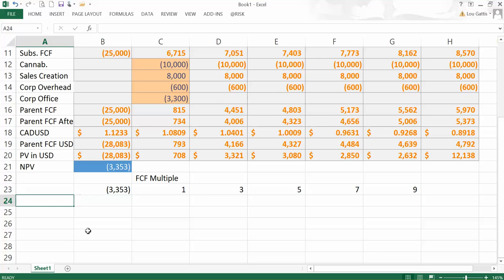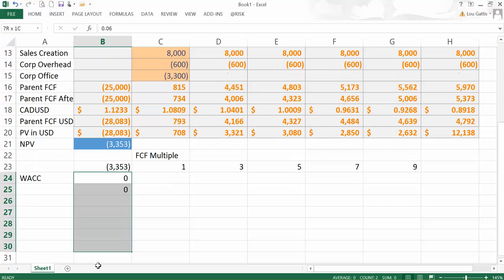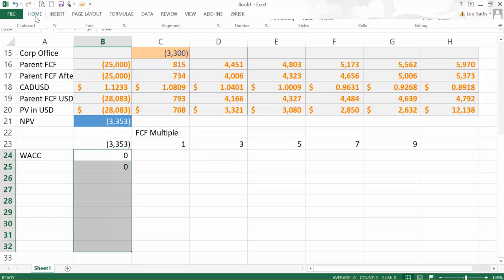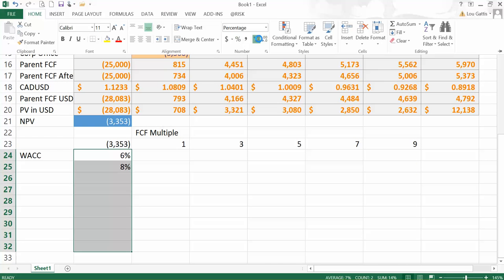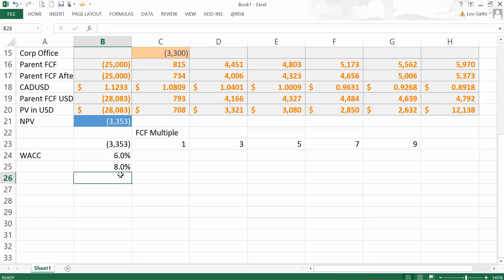And let's say we'll also look at sensitivity to the WACC. And let's say the WACC could be 6%, 8%. Change the formats there. And we'll go up to 18%.